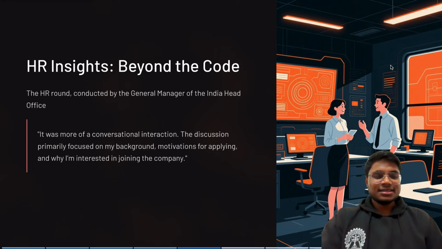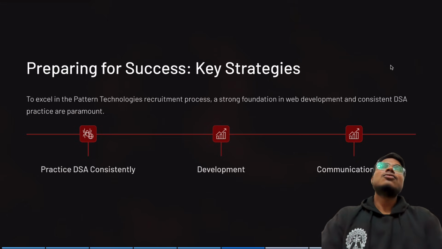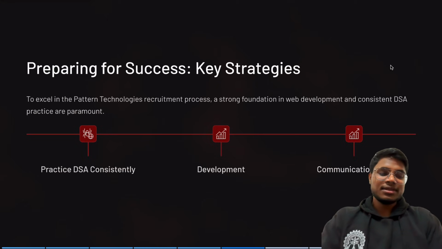Now let's look at the key strategies. For getting the internship, at least at the IITs, there is no substitute: you have to do DSA. Otherwise you will know too much data science, web development, or other technology, but you will not get shortlisted. So do DSA first, leave every other thing, and then focus on development.